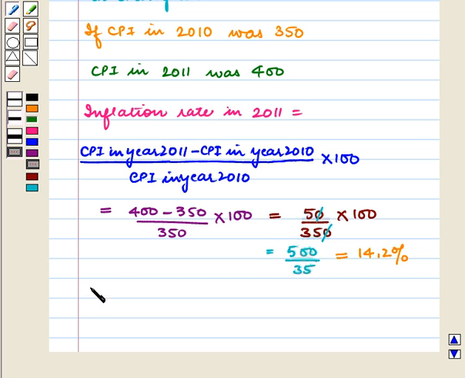So, inflation rate in 2011 is equal to 14.2%.